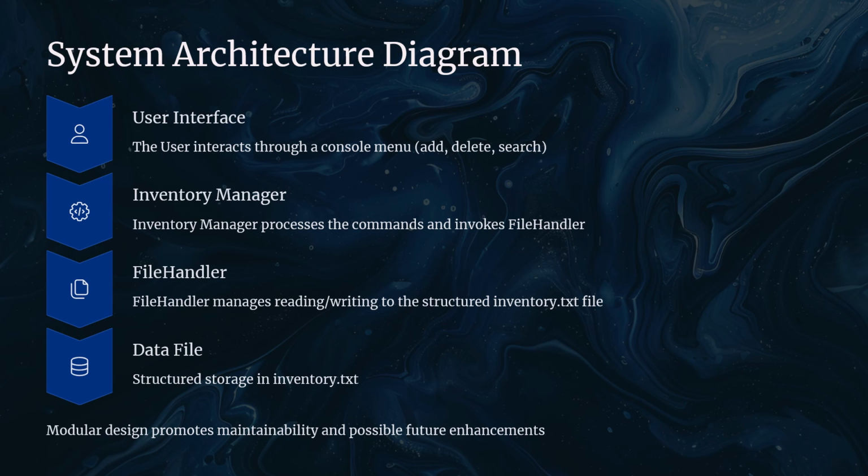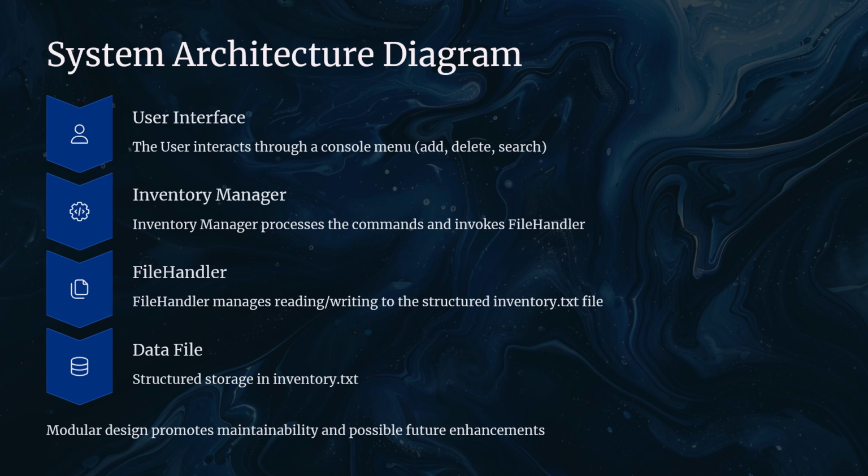This slide shows the system architecture diagram. Firstly comes the user interface. The user interacts through a console menu with options like add, delete, and search for data. Next is the inventory manager, which processes the commands and invokes the file handler.